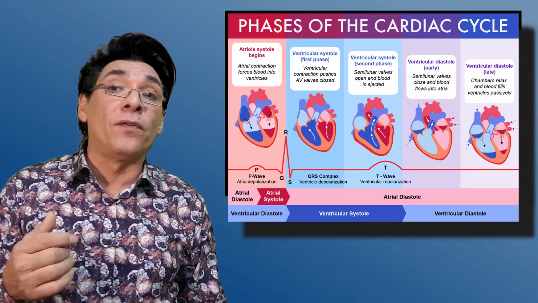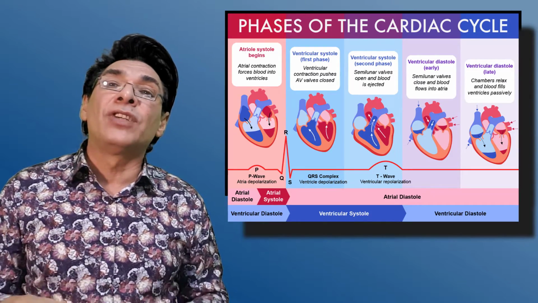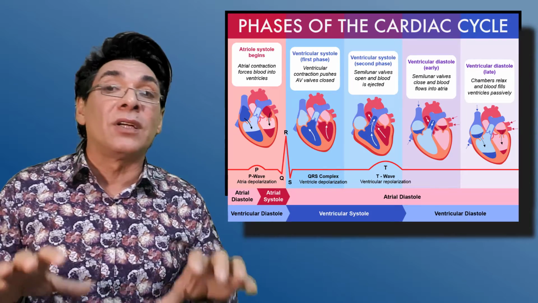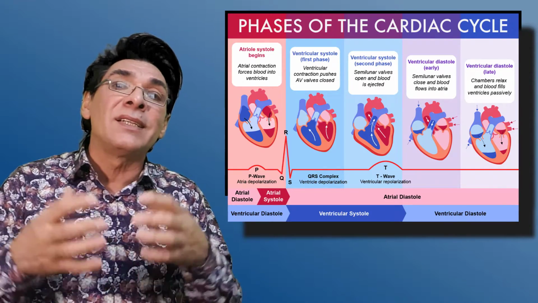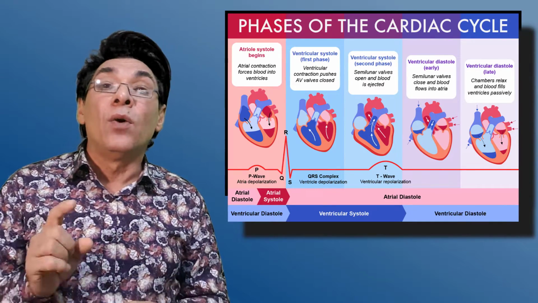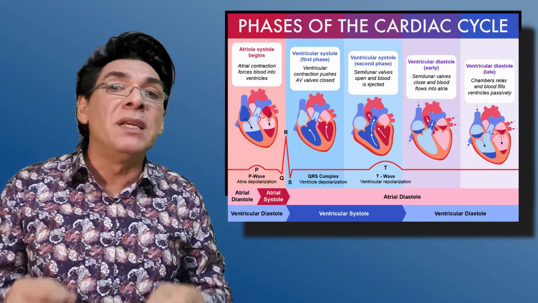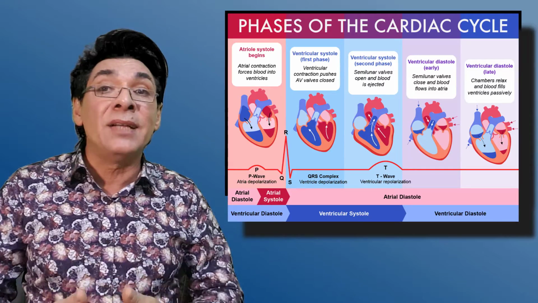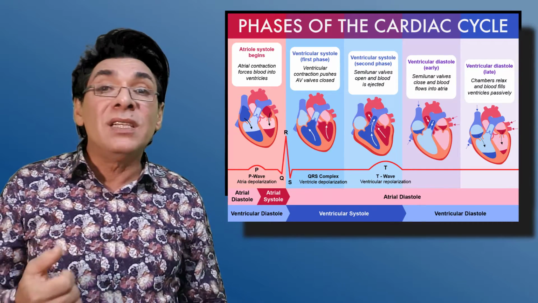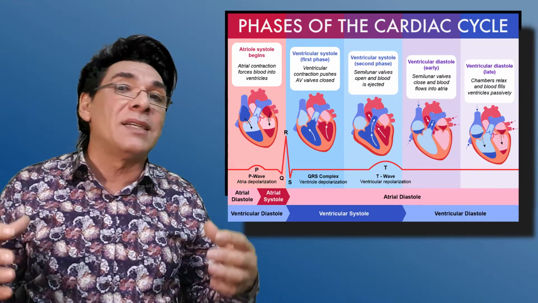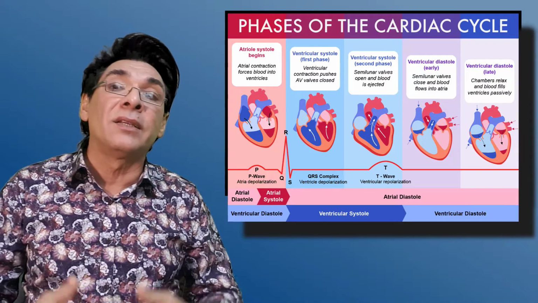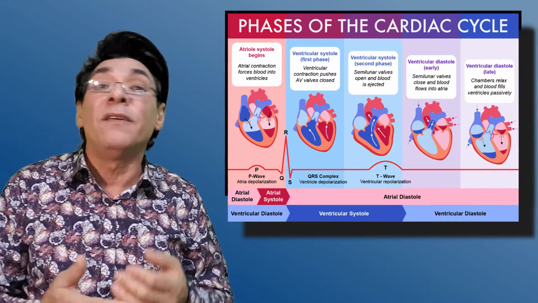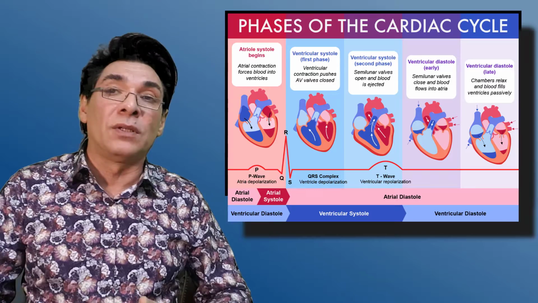At the end of atrial systole and just prior to ventricular contraction, the ventricles contain approximately 130 milliliters of blood in a resting adult in a standing position. This volume is known as the end diastolic volume, EDV, or preload.